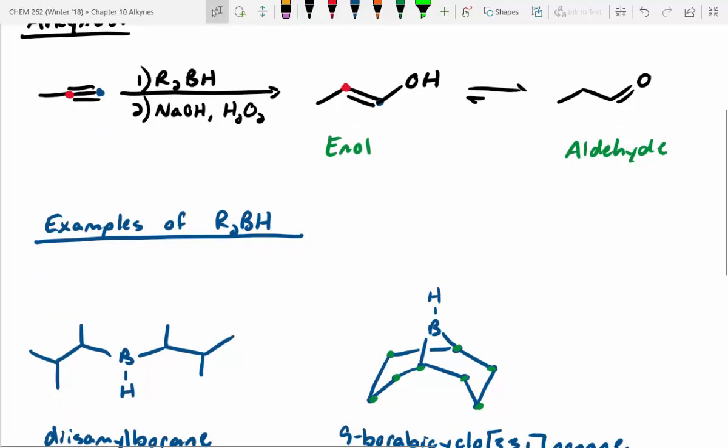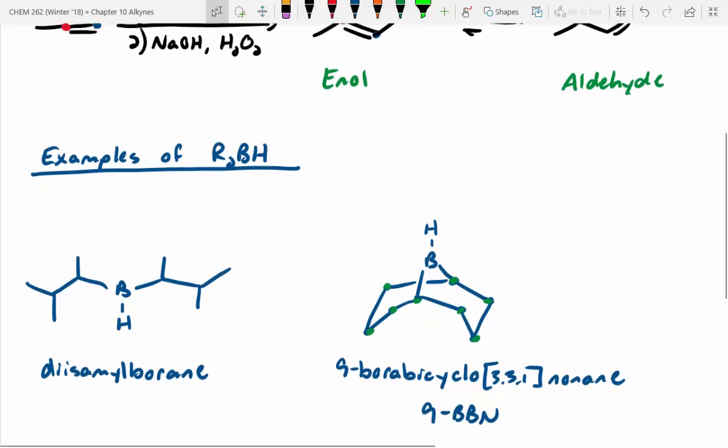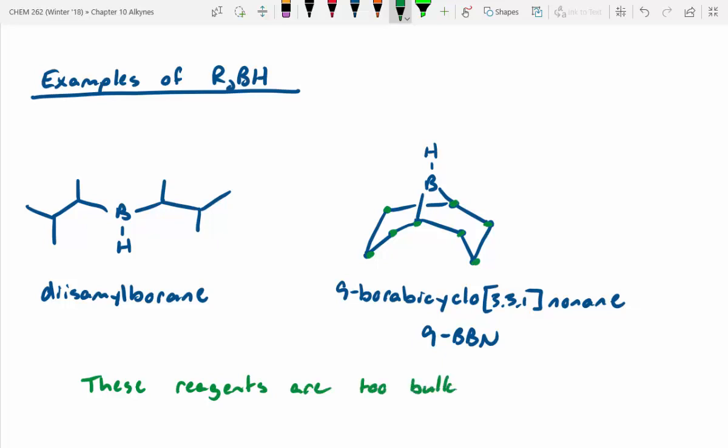These reagents are so bulky, they can only add to the alkyne. They're too bulky to react with alkenes, and so they're selectively used for the alkyne hydroboration.